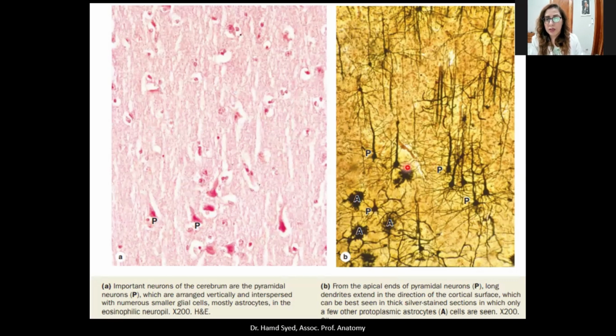With this special stain, the silver stain, we can see the pyramidal cells with much better clarity. We can see their cell bodies, and also the dendrites and the axons emerging from the cells. Here, A represents the astrocytes, which are the supporting cells also present within the cerebral cortex other than the neurons.